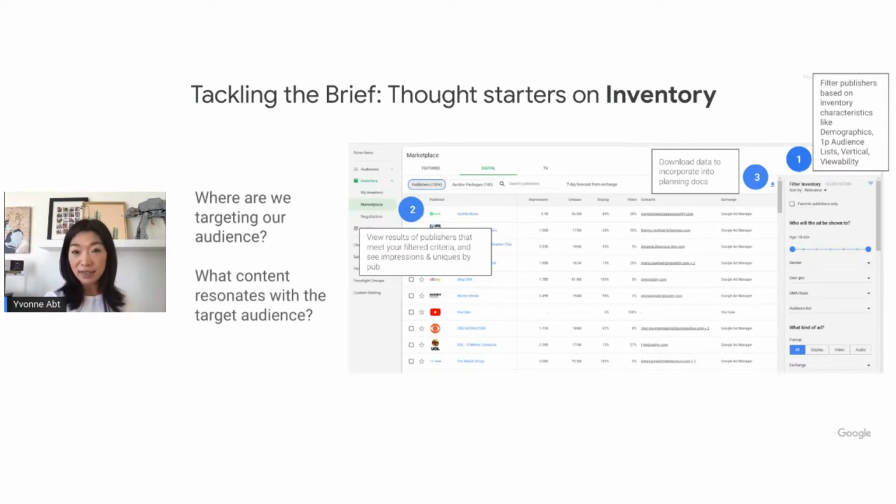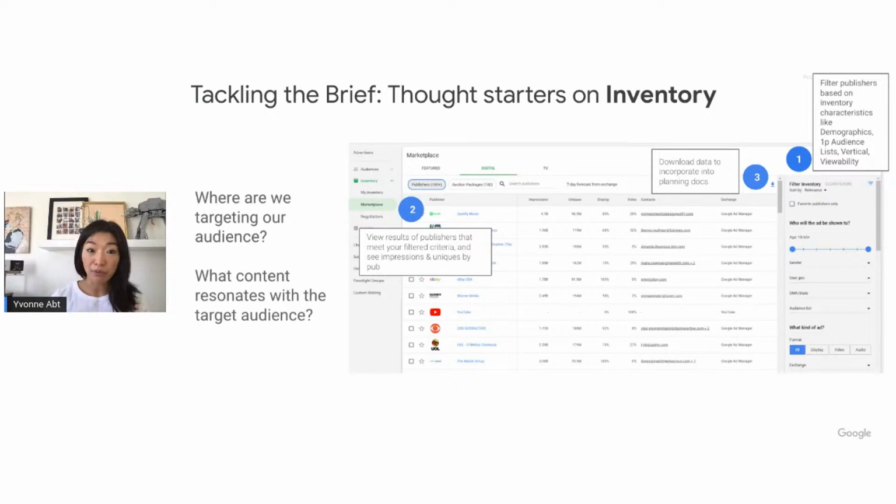So you can share it externally with your planning team or with your clients, get some feedback that way. You can also request proposals directly from the publishers within the platform, allowing for a little bit of a back and forth on the criteria that you might want for a deal, and then ultimately helping you set up that deal within DV360 for activation.